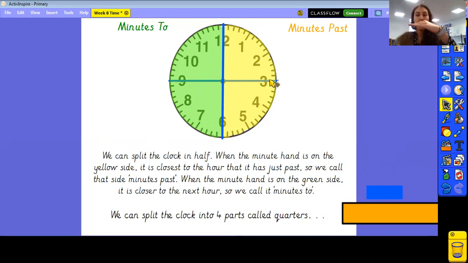And when it has moved from there to there, it has moved 2/4, which we know is equivalent to half. So here, as there to there is another quarter, and there to there is another quarter. So you can see now that we've split our clock into quarters.